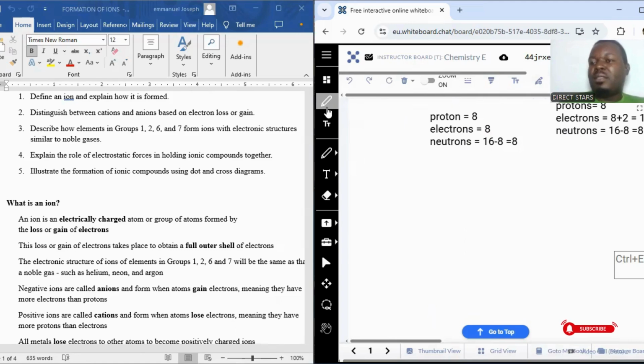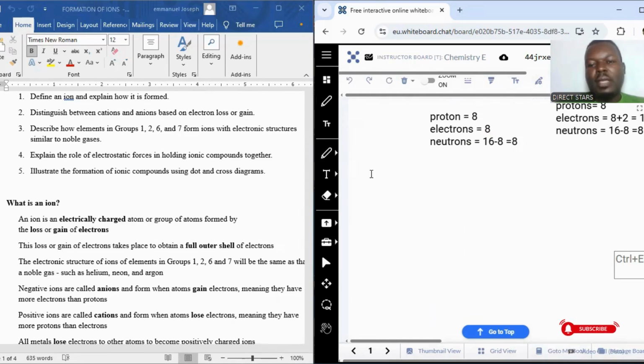And that is why we picked oxygen, which is in group 6. You can also pick elements from group 7 and group 5. So groups 5, 6, 7 basically form anions because they are non-metals. But groups 1 and 2 are strictly metals, and hence they form what we call cations.